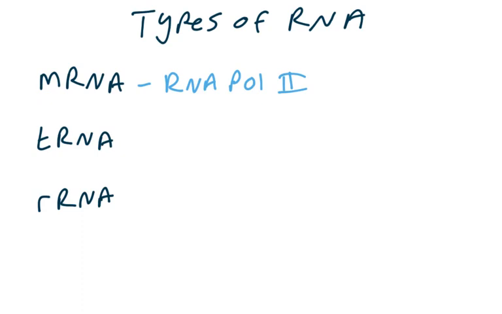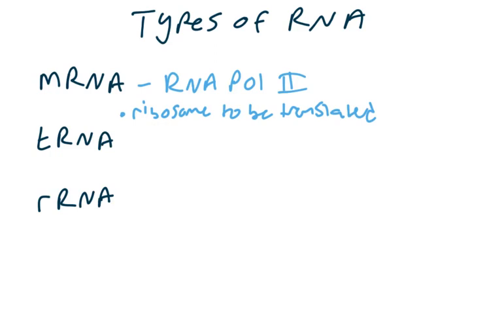When we transcribe something, we take our DNA, RNA polymerase 2 comes in, transcribes a gene, and creates a messenger RNA, what is known as mRNA. This can later on go out to the ribosome to be translated. mRNA goes out and gets translated. That is our messenger RNA. That is what encodes a gene product that we're going to later turn into protein.